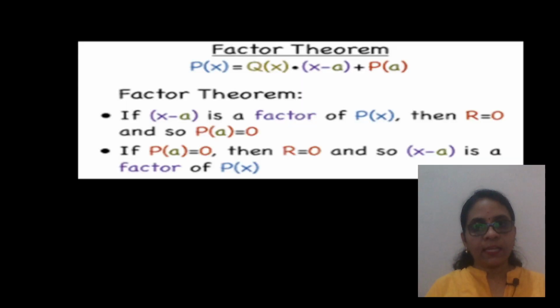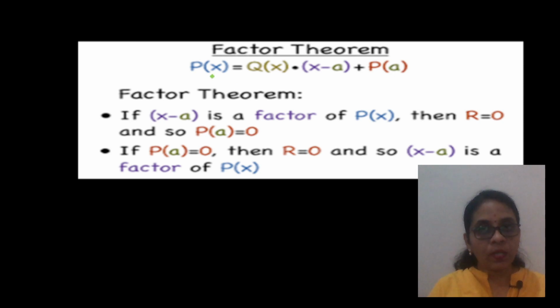So this is exactly what I discussed a couple of minutes back, that f of x is equal to the divisor into quotient plus remainder. Now, in remainder theorem, I also told you that a polynomial can be denoted as f of x or as p of x. Here p of x is shown.